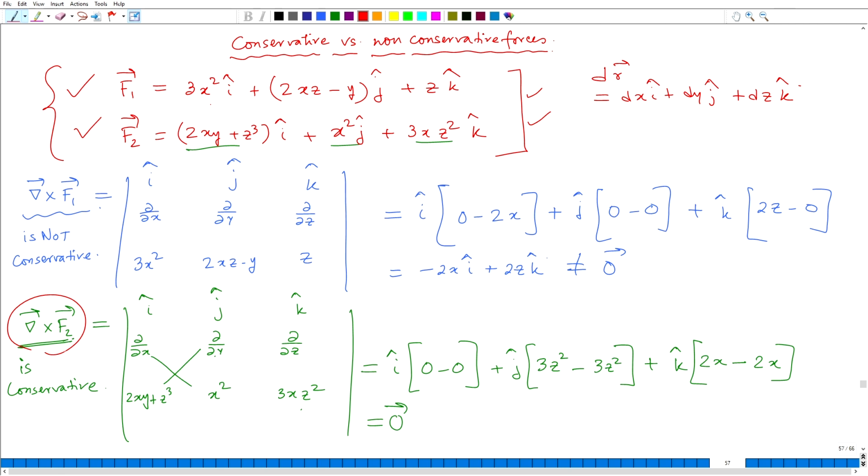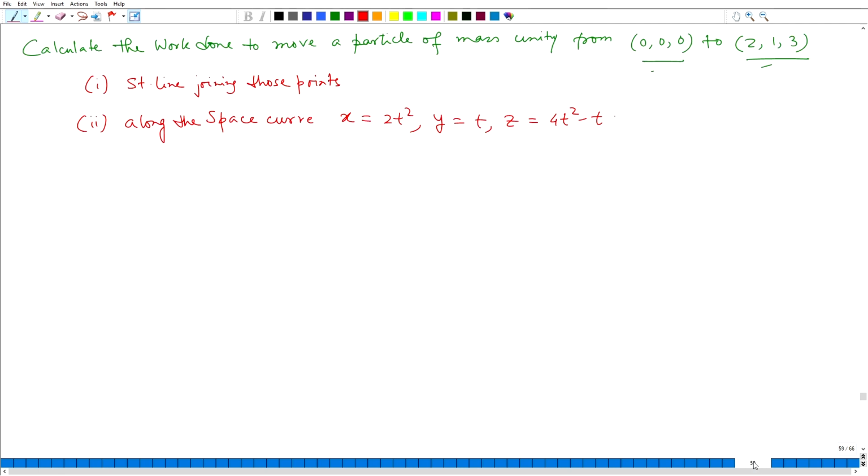curlless field. If this one is a curlless field, basically we can immediately calculate the integral of F dot dr. So, F dot dr, and that will be, for example, from this point 0 0 0 to 2 1 3. Okay.